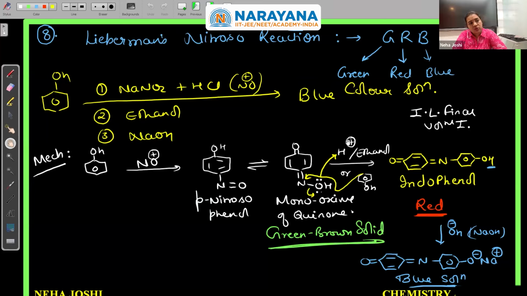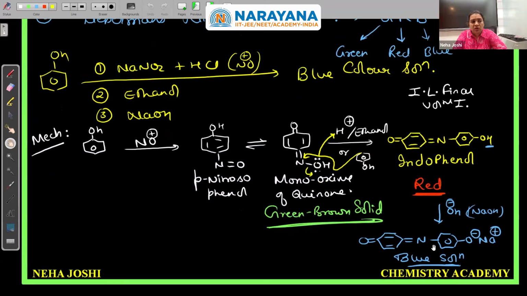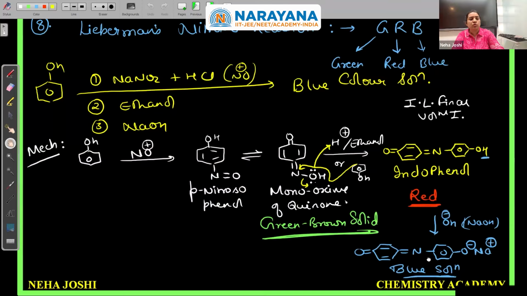Again, as conditions are H plus, we'll have protonation, N plus, next molecule of phenol is attacking at this nitrogen. So you get a dye type structure which is called indophenol. It is red. And when we add NaOH, then this O minus is forming a salt and then it is a blue solution.